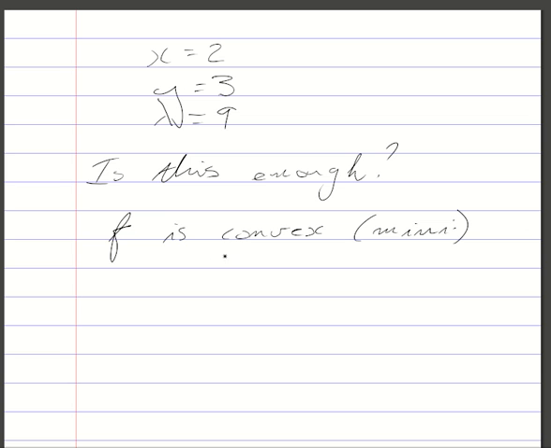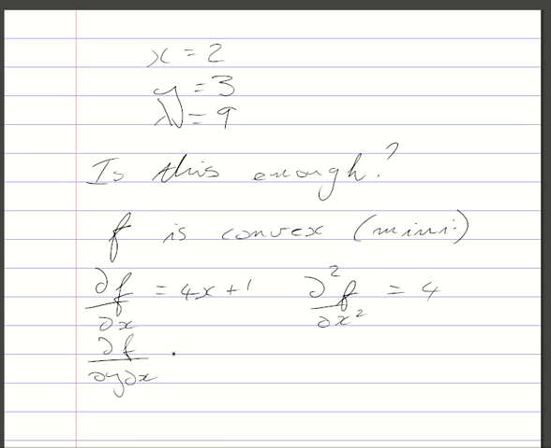Now, how do we find out if the function is convex? Well, easy enough. Just as with the Kuhn-Tucker conditions, we take the second derivatives and construct the Hessian. Second derivatives are easy. The first derivative to x is 4x plus 1, so the second derivative to x, d squared f dx squared, is equal to 4. df dy dx is equal to 0.